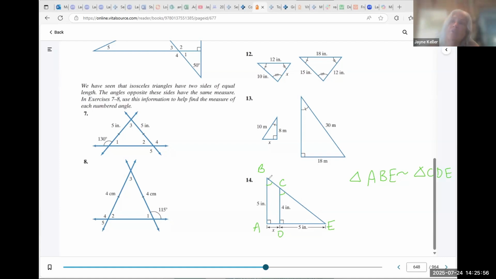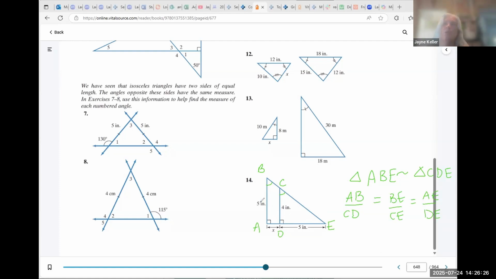So the ratio of this side here, AB, to this side here, CD, is going to be the same as the ratio of BE to CE, and then AE to DE.